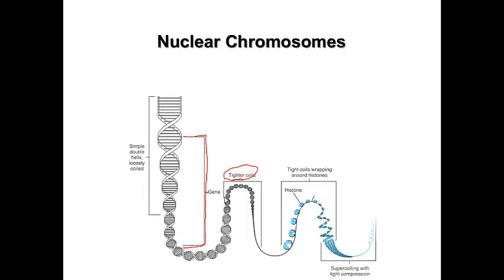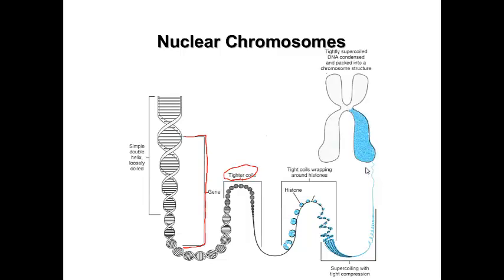So the coils start to coil, and then those coils start to coil around the previously created coils, and then still more coiling occurs, and this very, very thin and very, very long structure becomes increasingly shortened and increasingly stout or wide, until finally they all end up being jumbled together.